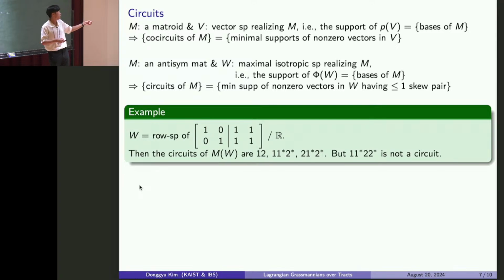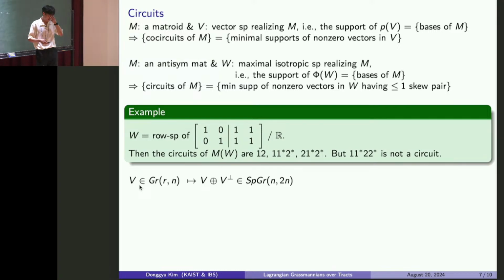If you want to consider each circuit, then you may consider all supports of the vectors in its row space. Here, 1 and 1 star, 2 and 2 star can be obtained by just summing the two rows and considering each support. However, we say this is not a circuit of our antisymmetric matroid because it contains two skew pairs, 1 and 1 star, and 2 and 2 star. So this is the rough concept of our circuits.